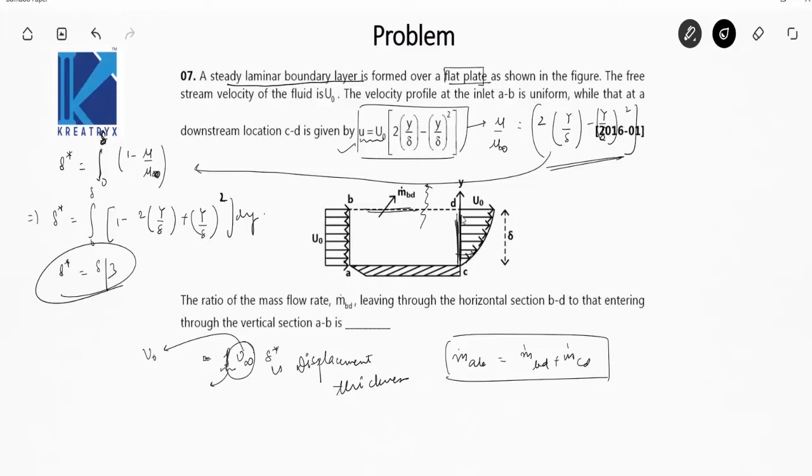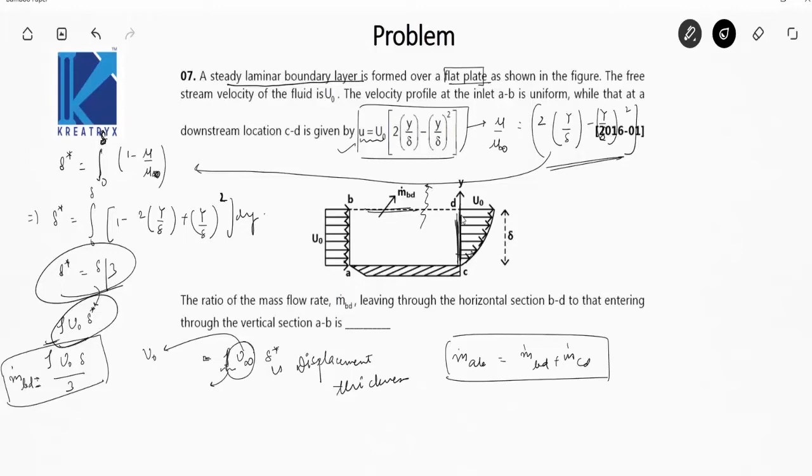So rho u naught delta star, where delta star is delta by 3, will be the loss in mass flow rate, or the mass flow rate leaving through section BD. So this is equal to rho u naught delta by 3.